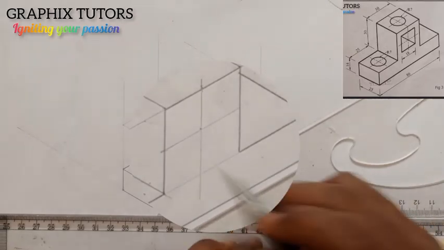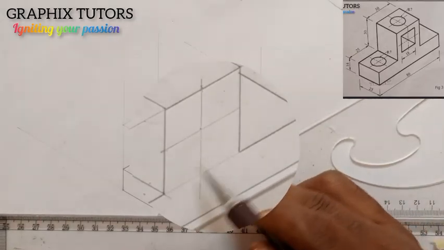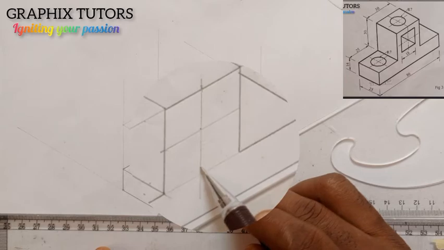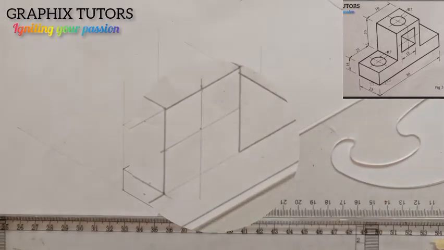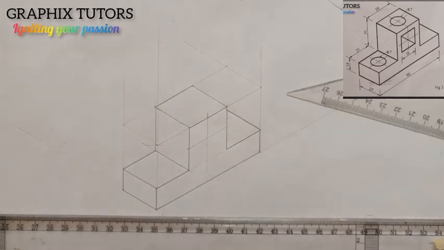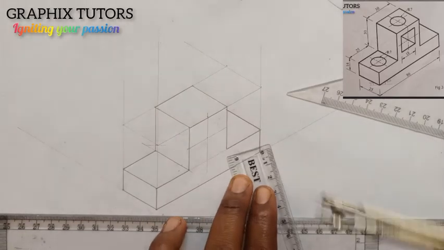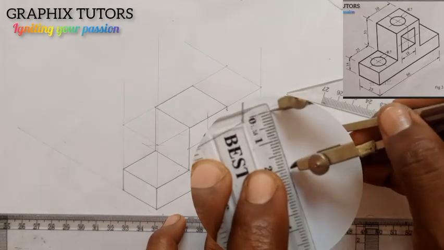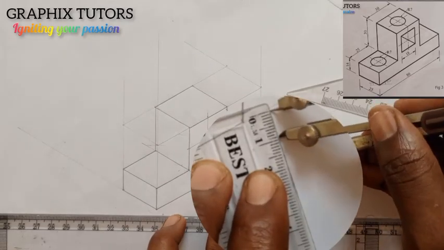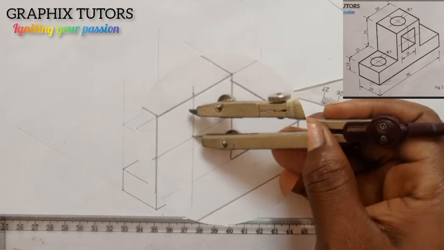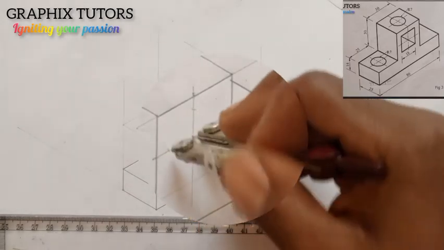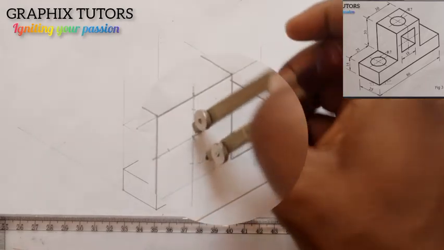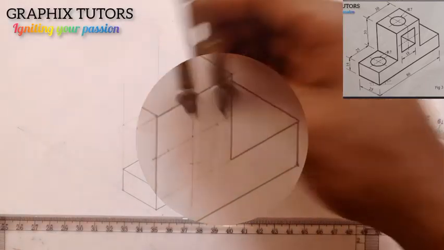If you look at the square there, that is 18, you take half to this side, 9, and 9 to this side. So let me measure 9 on my meter rule. From 0 to here is 9. If I place it at this point, I'll get 9 here, 9 here, 9 here, and 9 here.